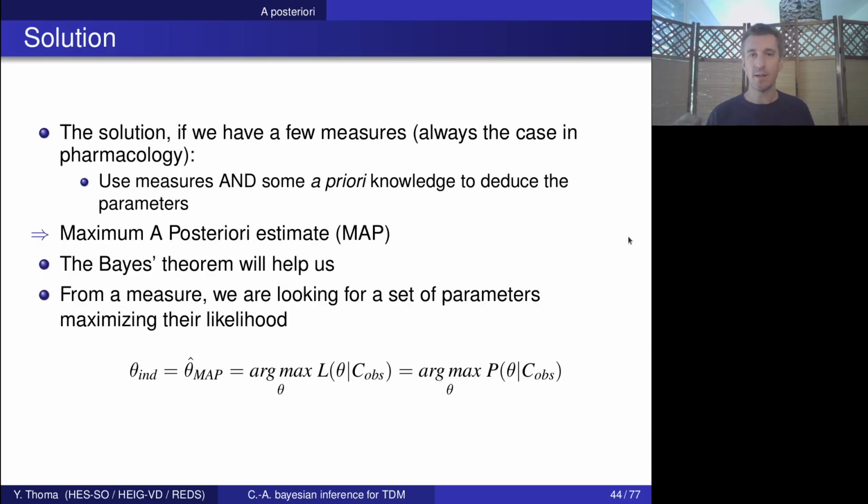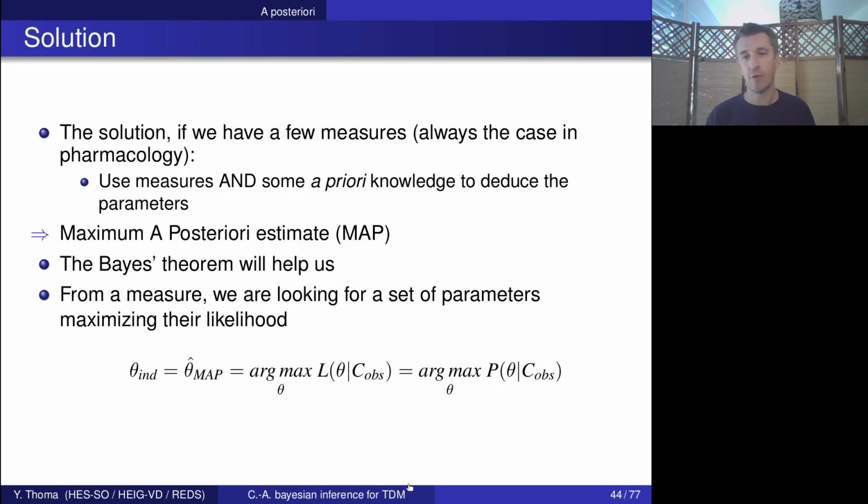So the idea here is to use the a priori knowledge to deduce the parameters as well. We have these measures, but we also know that this patient has specific covariates, and we expect that patient to be quite close to the mean person with those covariates. So for that, we use the maximum a posteriori estimate, MAP, using the Bayes theorem. I will show you a bit about this.